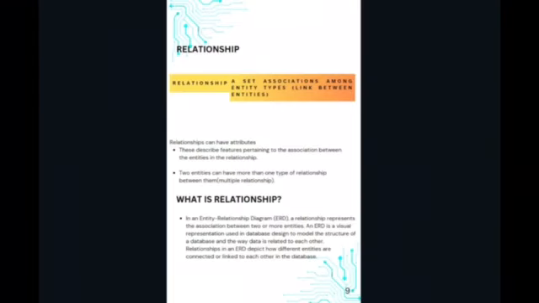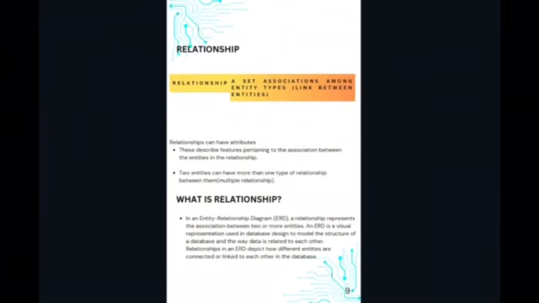What is a relationship? In an entity relationship diagram, ERD, a relationship represents the association between two or more entities.